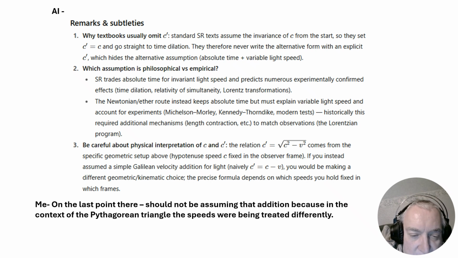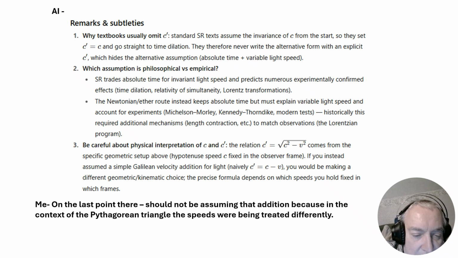Next, the Newtonian/ether route instead keeps absolute time but must explain variable light speed and account for experiments such as the Michelson-Morley experiment and so forth. Historically, that required additional mechanisms of length contraction, etc., to match observations, and that was the Lorentzian program. And I'll be going into more details about that in further videos.